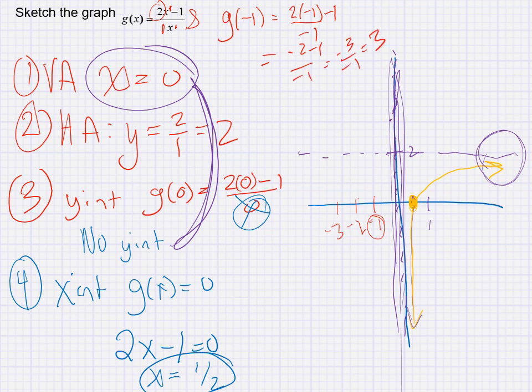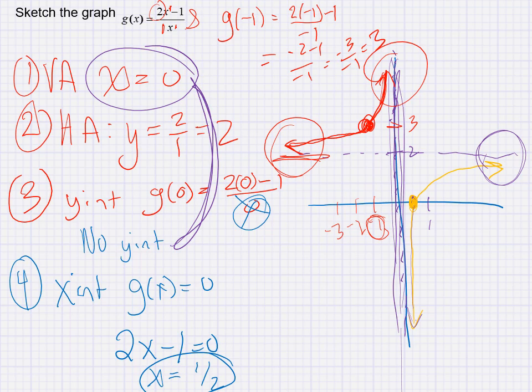So this x, -1, gives me a y value of 3, which gives me a point right here. That alone tells me that my graph has to be up here, and therefore my graph has to do this. Again, I have to approach my vertical asymptote here, I have to approach my horizontal asymptote here, and I know I go through this point, so that would be where my graph has to be.